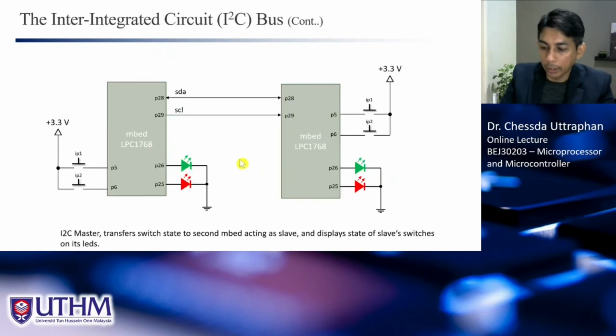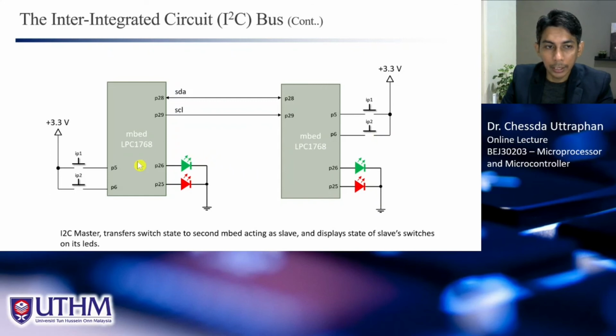So again, let's look at this example where we have the same configuration as before, where we have these two switches, two LEDs here. We have another microcontroller as a slave. This is the master, and we have the same setting. Here we have the LED, and we have the switches.